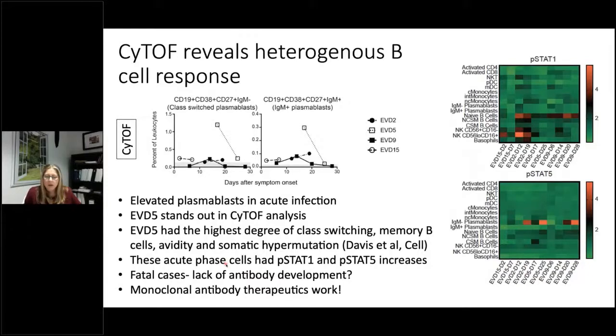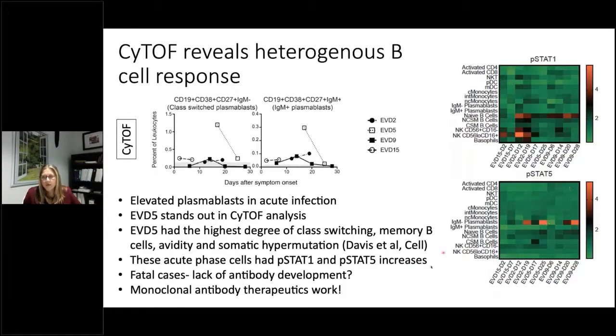But we were also able to look at some of the intracellular signaling molecules in these cells because these were included in the panel developed by the Nolan lab. And you can appreciate here in the upper right that naive B cells, all of them except from EBD15, express phosphoSTAT1, and that the class-switched plasmablasts also express phosphoSTAT5.